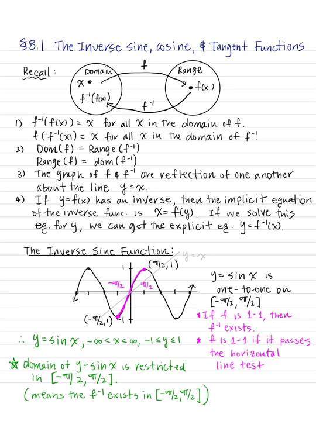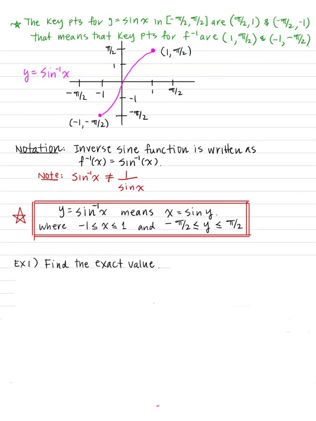I don't know if you remember that property or not. So to graph f inverse, in this case sine inverse of x, we plot the points 1, negative pi over 2 and 1, pi over 2. The graph should look like this: y equals sine inverse of x.